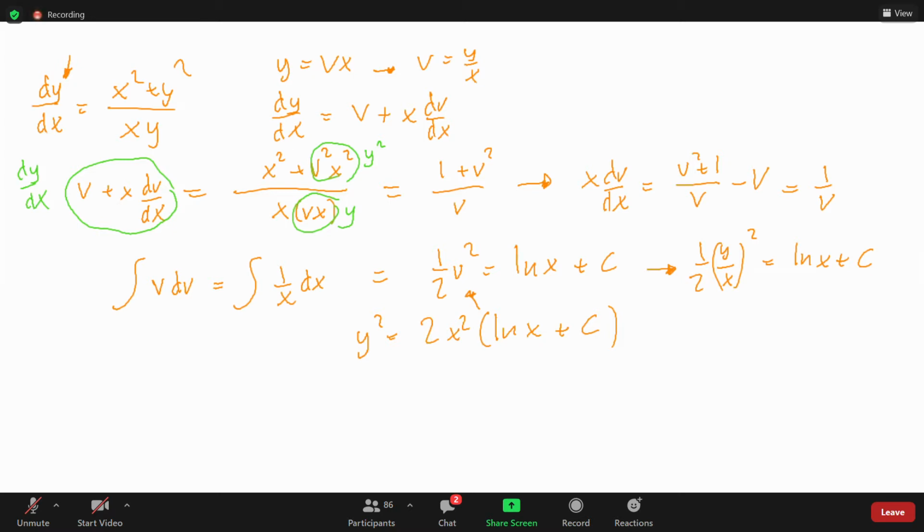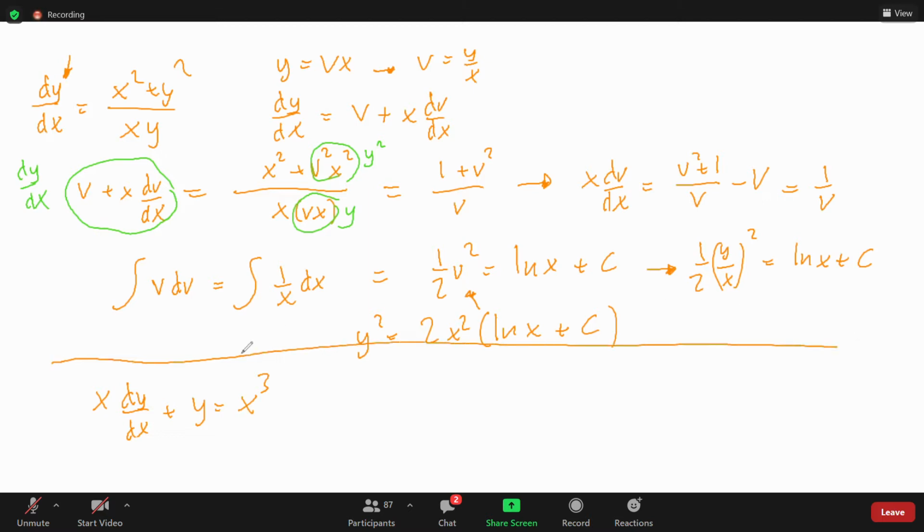Then we have the next one, which is a differential equation of the first order, which is x dy dx plus y is equal to x cubed.